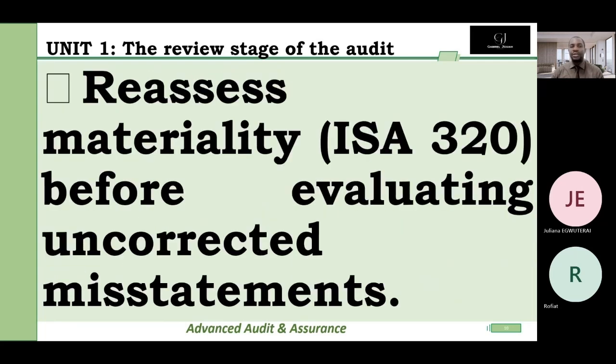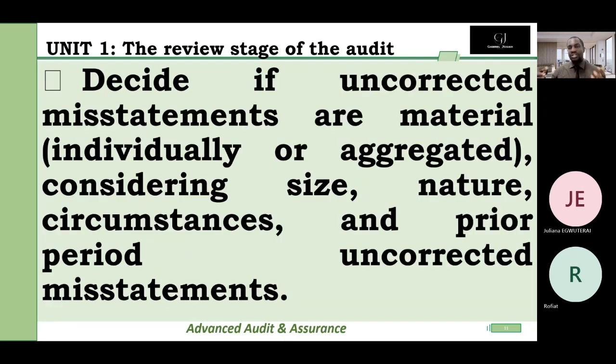correspondence with management. We should also reassess materiality based on ISA 320 before evaluating uncorrected misstatements. So in reassessing materiality, we need to be sure that these materiality thresholds are actually still appropriate. And every uncorrected misstatement should also be substantiated via our reviews. So we need to decide if uncorrected misstatements are material.